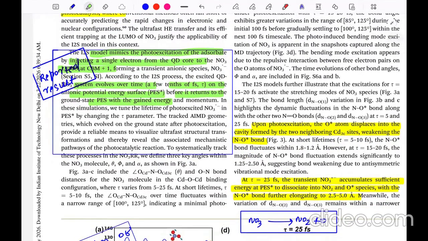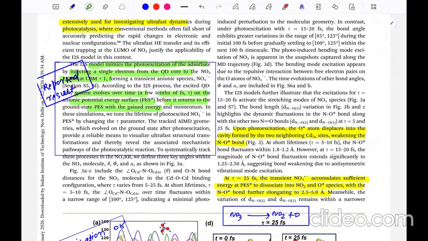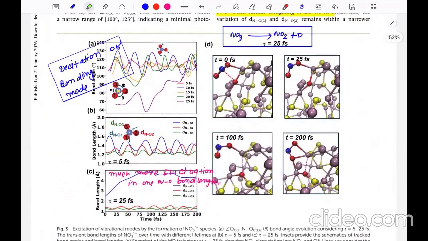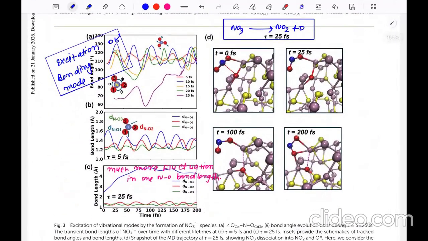This is the previously reported result, and this has been used to justify the result of our paper. I can make you understand pictorially: this is excitation of bending mode.